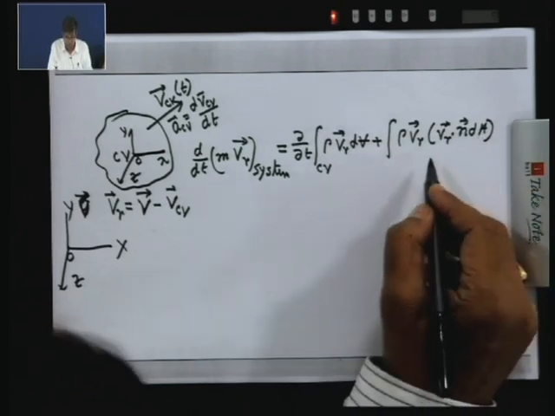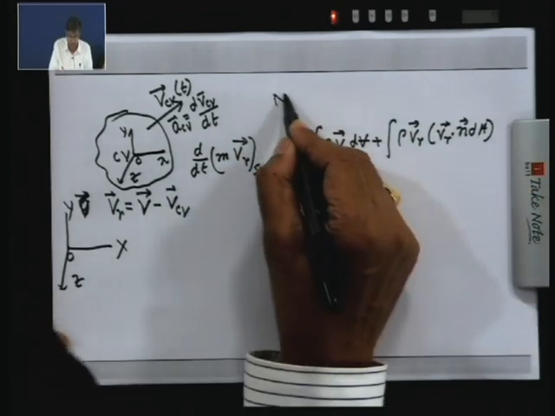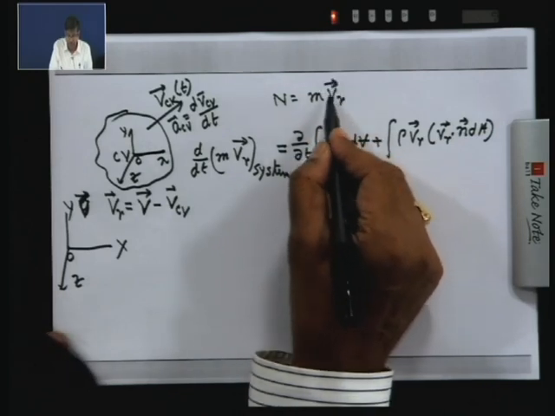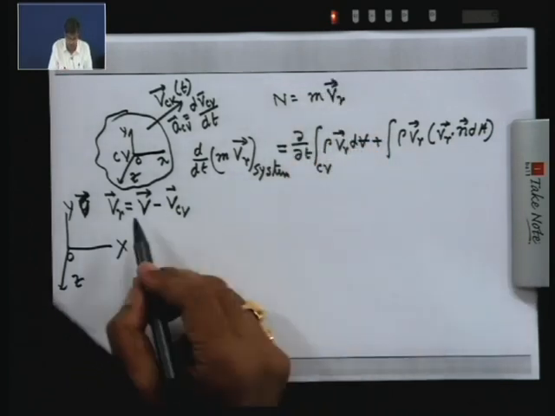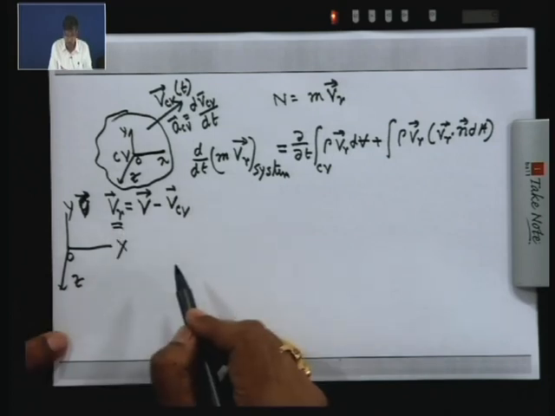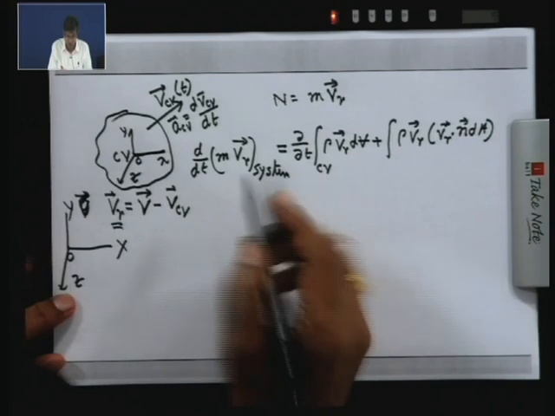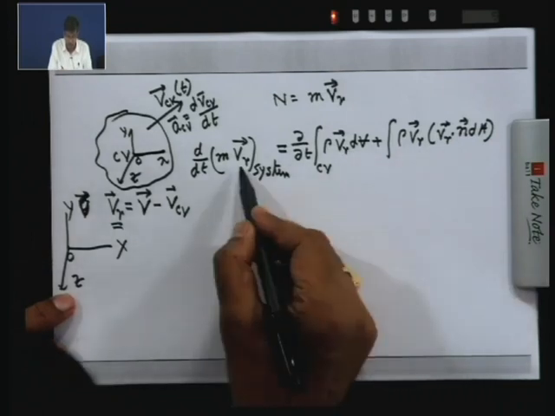That means what I am doing here, the property is m VR. The momentum is defined in this way, where VR is the relative velocity. Everything on the right hand side is the same, only V is replaced by VR, here also.